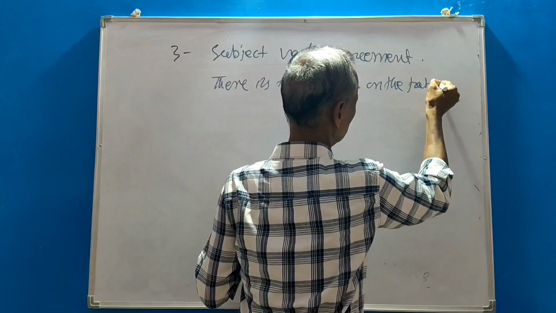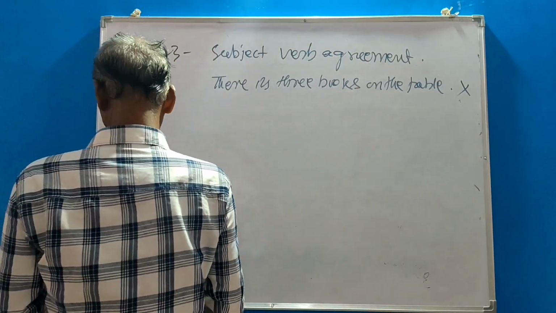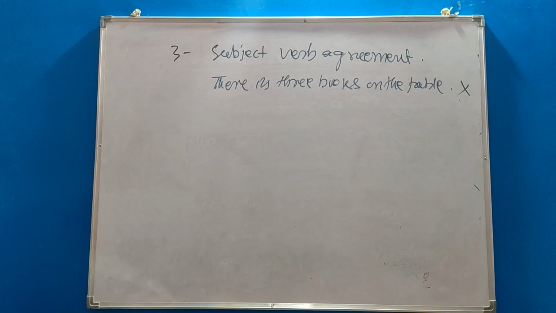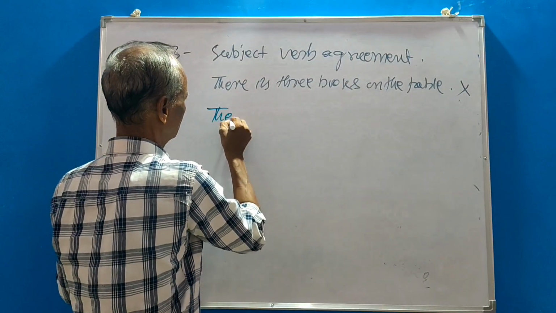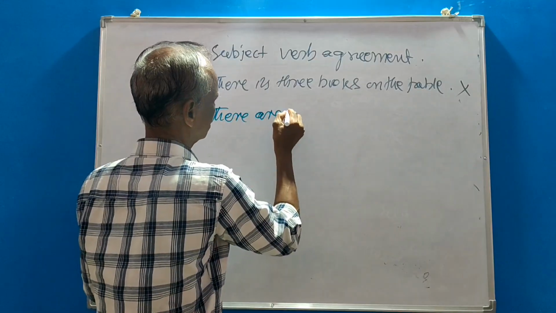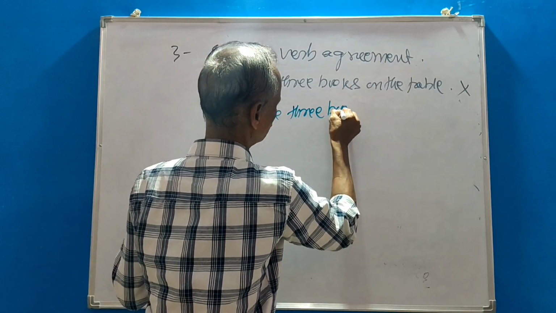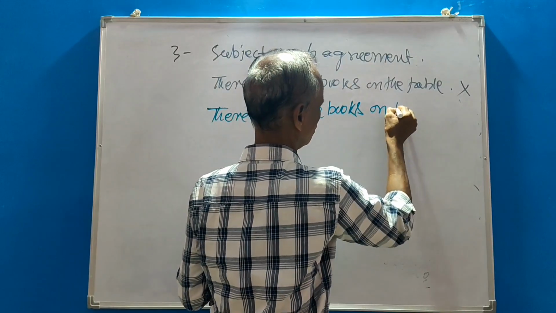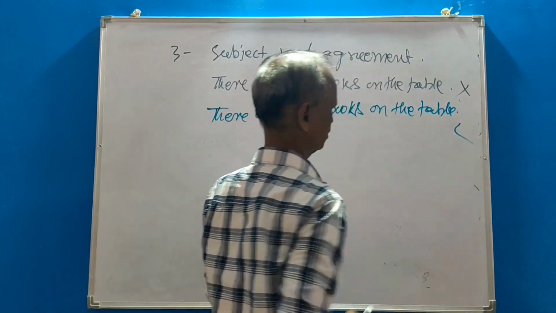It is wrong. The correct one is: there are 3 books on the table. It is correct. How?